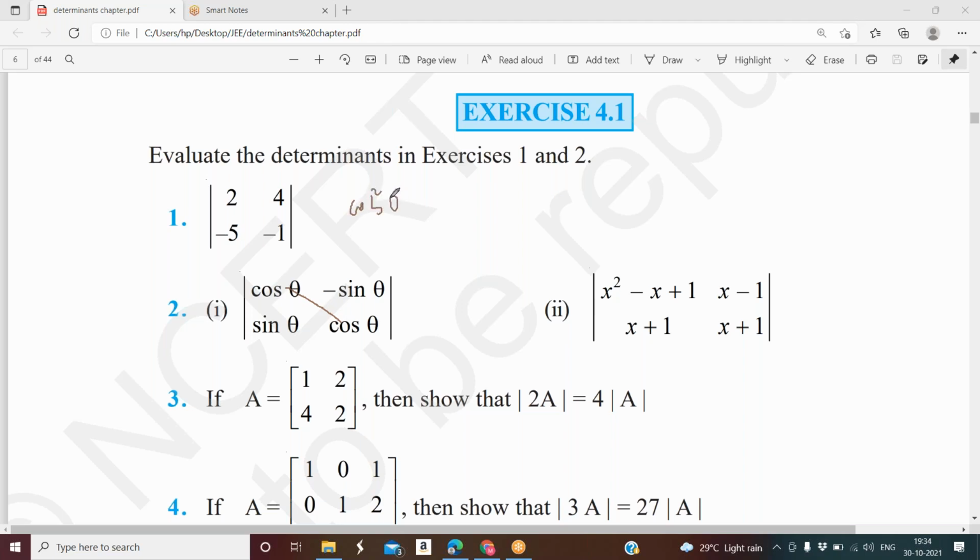Downward arrow minus upward arrow. So I have added minus here, upward arrow, minus sin theta into sin theta, minus sin square theta. Already we have minus here, so it becomes plus sin square theta. So what is the value of sin square theta plus cos square theta? It is 1. So the value of this determinant is 1.